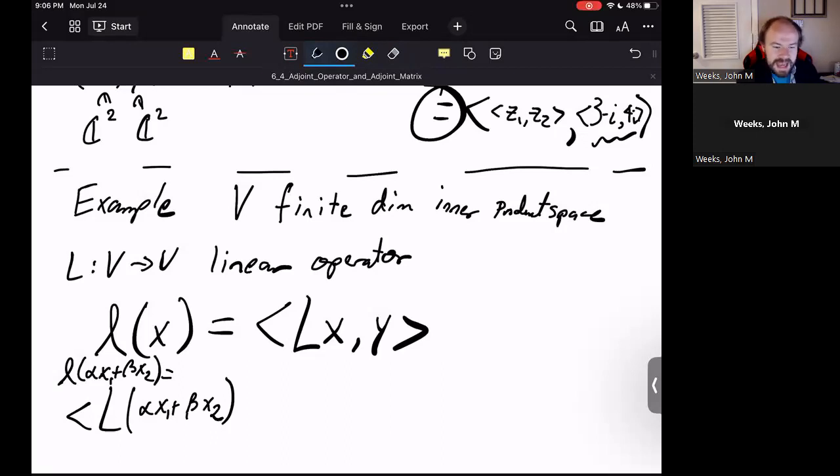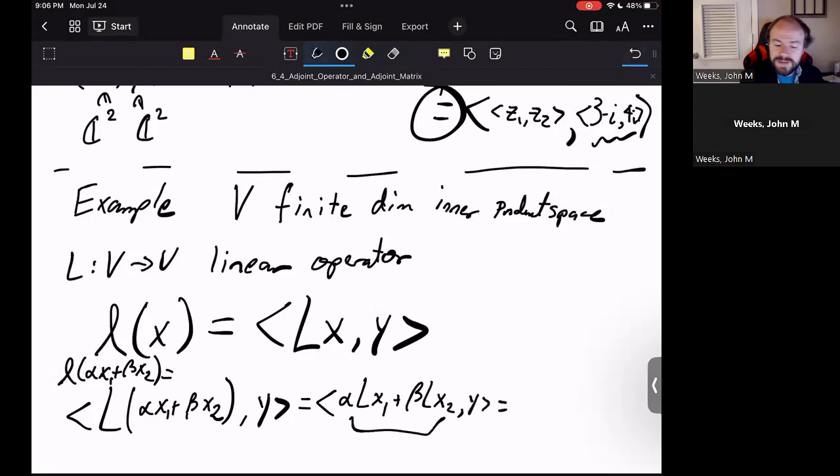So here is what we have plugged in for this first component, and we're taking the inner product with y. Well, L is linear, so I can always break apart this first argument. I could write this as the inner product of alpha Lx1 plus beta Lx2 with y. And then this first argument of the inner product is linear, so I could write this as alpha times the inner product of Lx1 and y plus beta times the inner product of Lx2 and y.